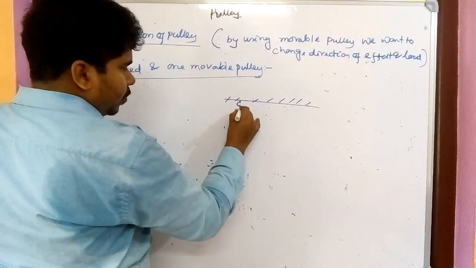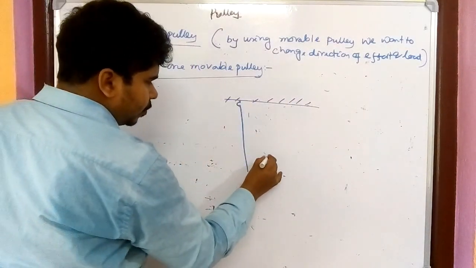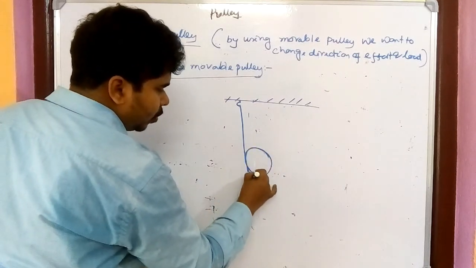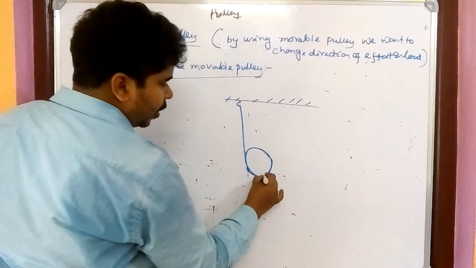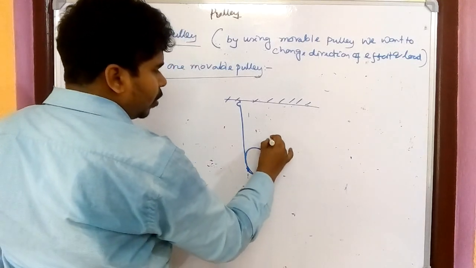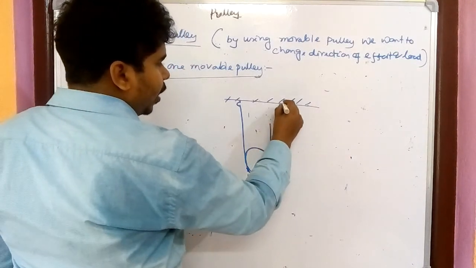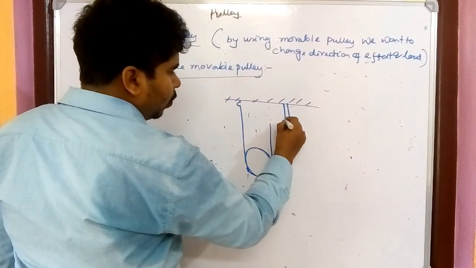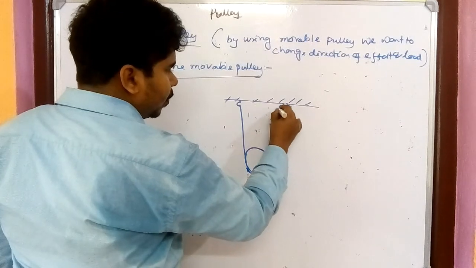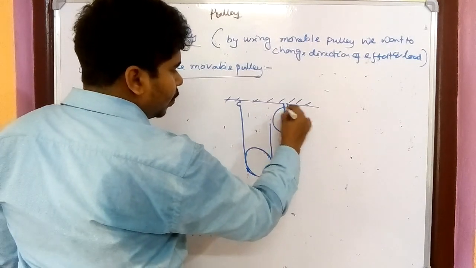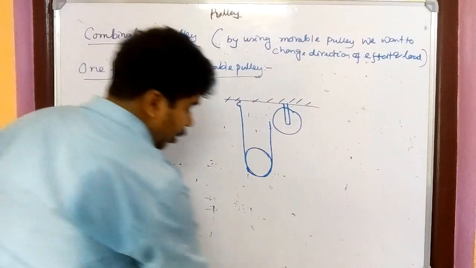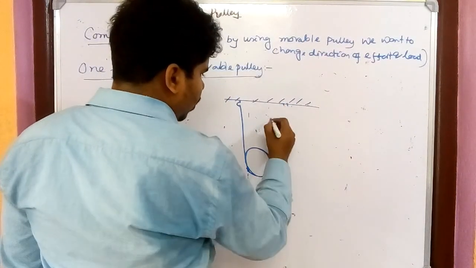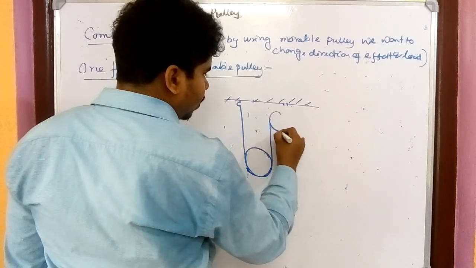From here, you have taken a hook and you have fixed a pulley here. You know it is a movable pulley. Okay. So this string will be going, and here I have kept one pulley.